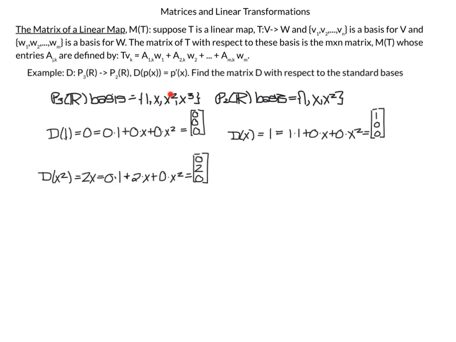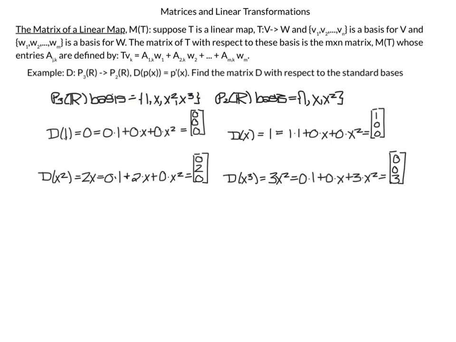For the next basis vector, x squared, we take the derivative of x squared, we get 2x, which is equal to, in terms of our P2 basis, 0 times 1, 2 times x, and 0 times x squared, or the vector 0, 2, 0. And finally, we're going to take our last basis vector, x cubed.